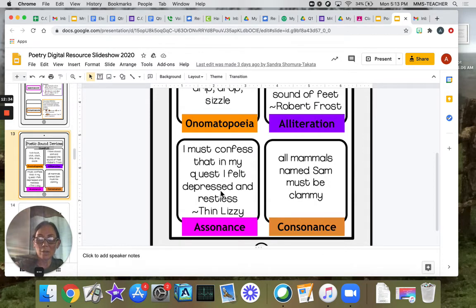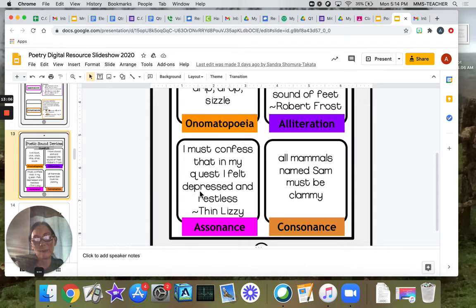For assonance, remember this is the repetition of a vowel sound. I must confess that in my quest I felt depressed and restless. And this is from Thin Lizzy. You notice the repetition in confess, quest, felt, depressed, and restless.